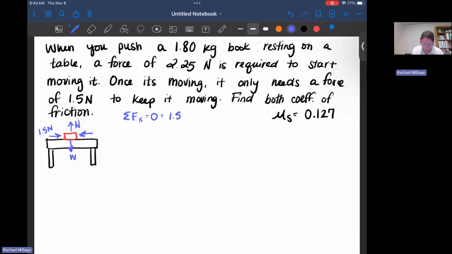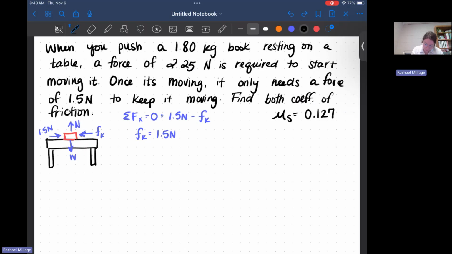Equals 1.5 newtons minus my kinetic friction, right? Because I also have kinetic friction that's opposing that 1.5 newtons. So my F sub k also has to equal 1.5 newtons. It's just going to be in the opposite direction, right? This minus indicates that they're in opposite directions.